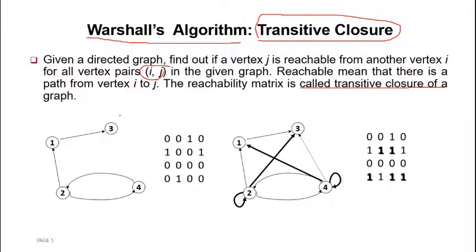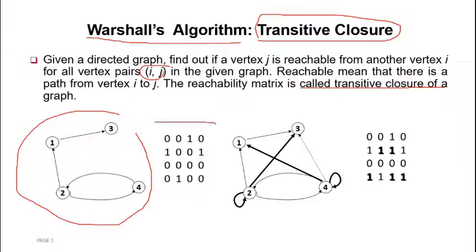For example, here we have this graph with vertices 1, 2, 3, 4, and directed edges 1 to 3, 2 to 1, 2 to 4, and 4 to 2. We may represent the graph via the adjacency matrix, n by n, with rows and columns 1, 2, 3, and 4.